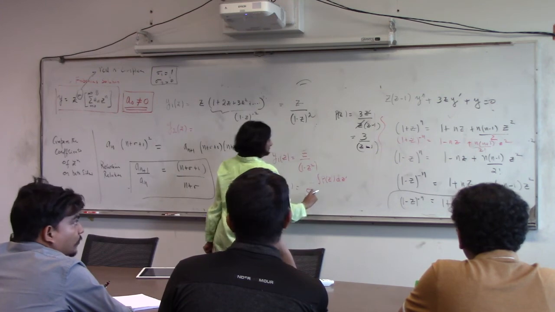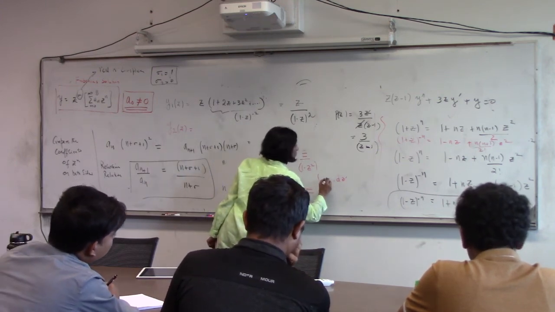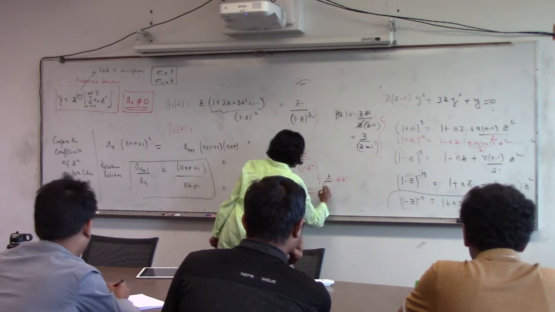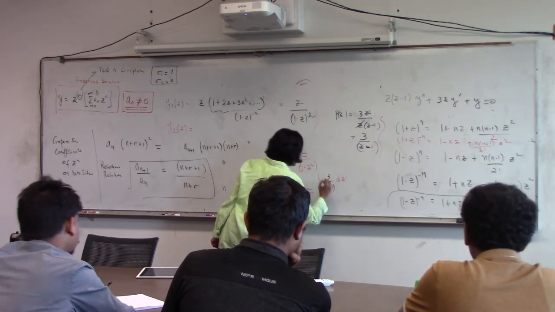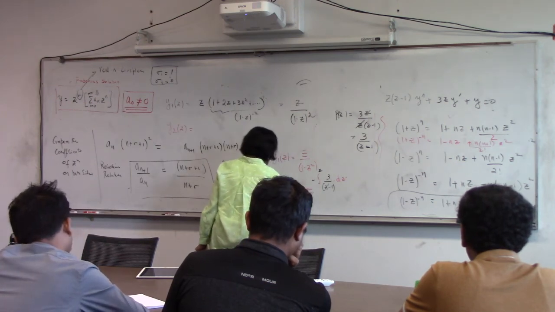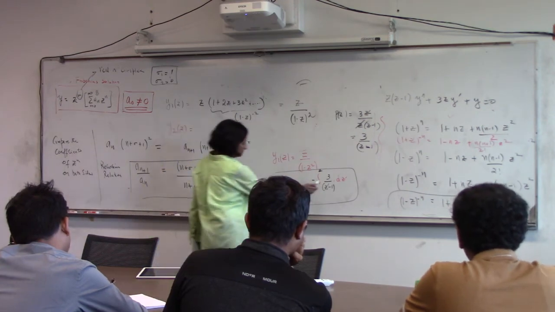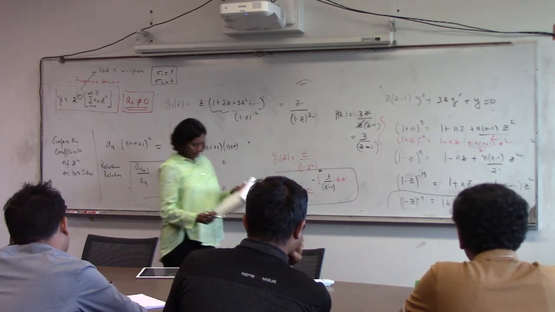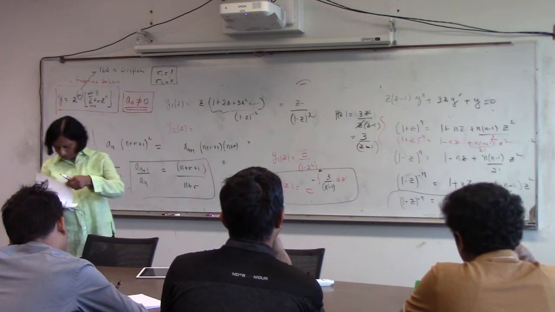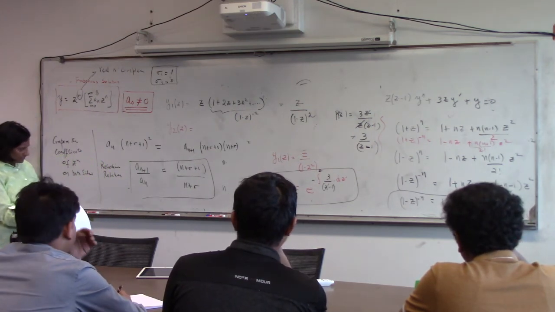Yeah. Okay. We'll do a change of variable. Okay, so this is 3 over, I'm going to call it z prime minus 1, okay? So what is that? One over z, when you integrate, what is that?